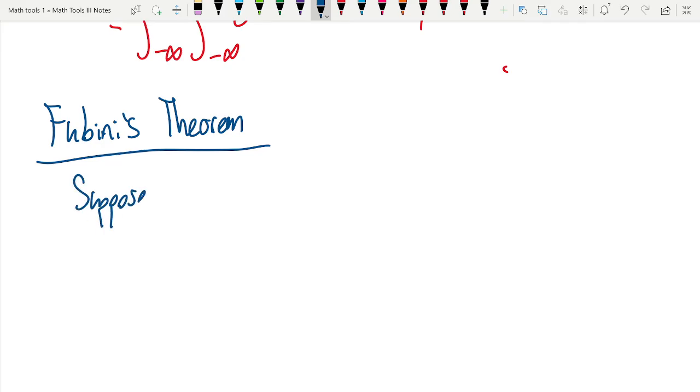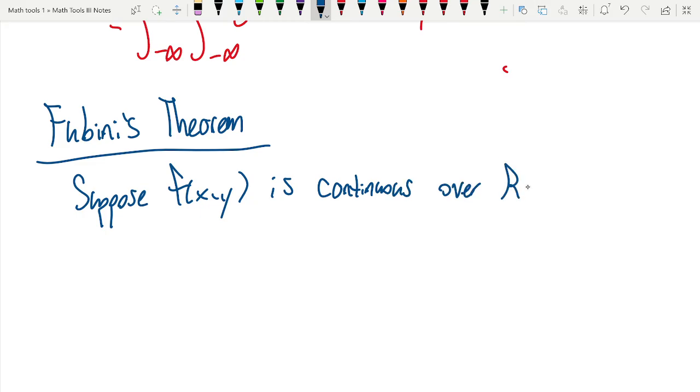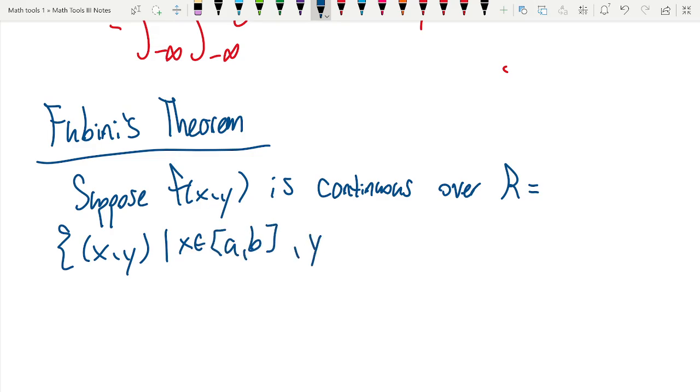suppose f of xy is continuous over R, which is equal to what we just had it equal to, such that let's just say x is in [a,b], y is in [c,d].